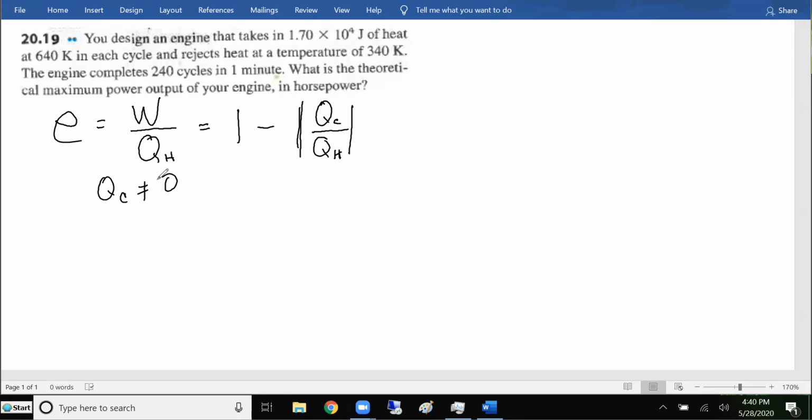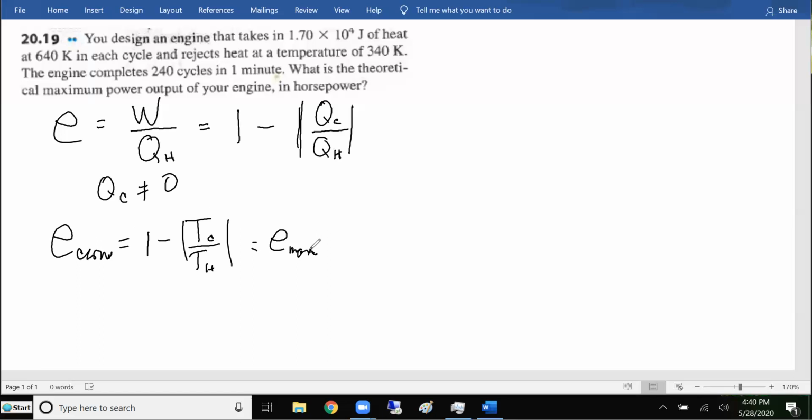In that case, the maximum efficiency is 1 minus the ratio of the temperatures in Kelvin. This is the maximum efficiency in terms of the 2 temperatures.